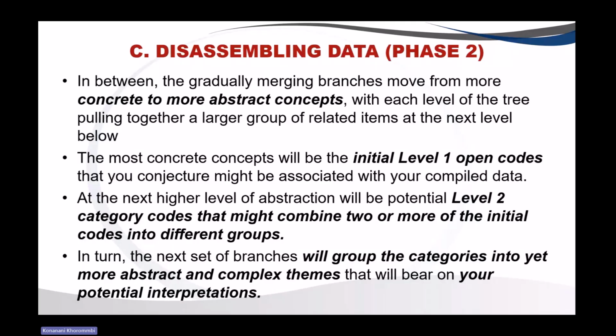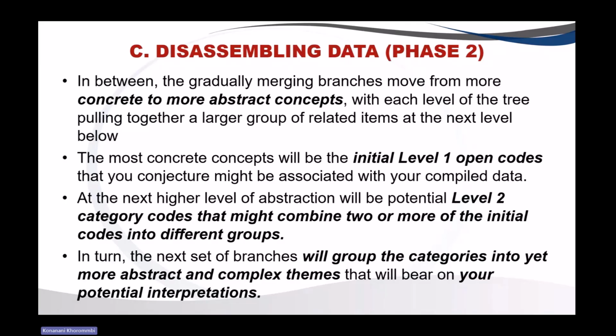So we're saying the gradually merging branches move from more concrete to more abstract concepts, with each level of the tree pulling together a larger group of related items at the next level below. The most concrete concepts will be the initial level one, the yellow ones. Yellow is level one, open quotes, that you conjecture might be associated with your compiled data.